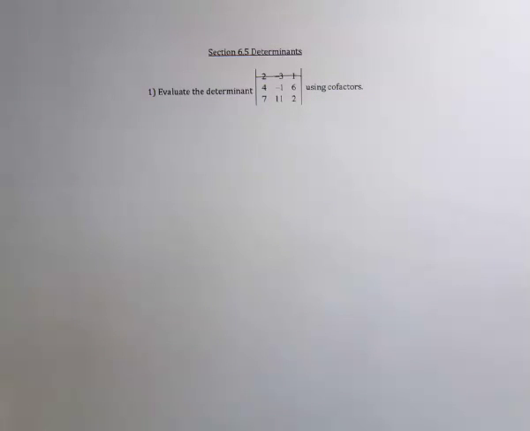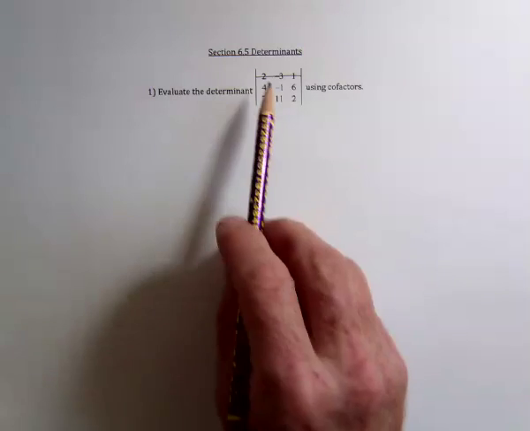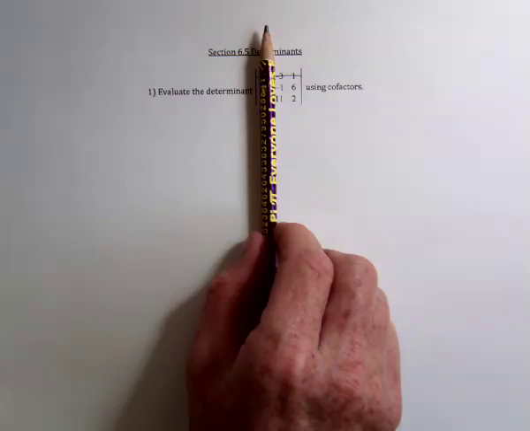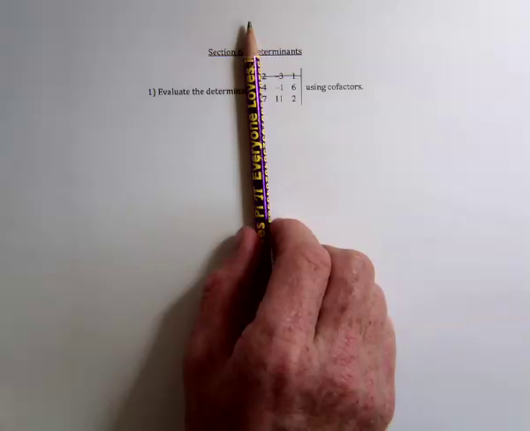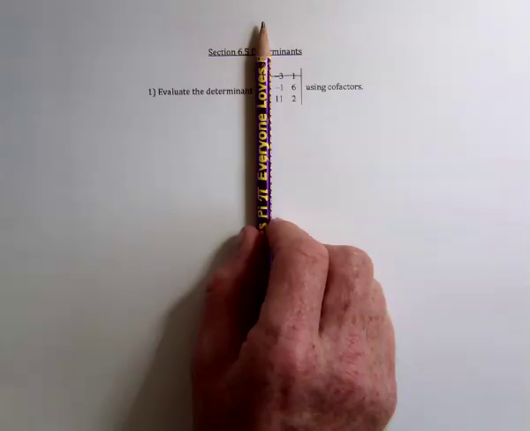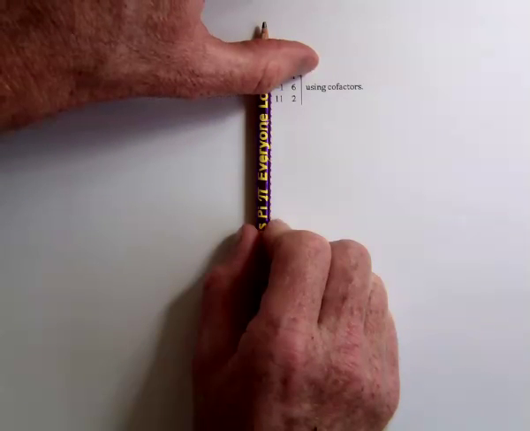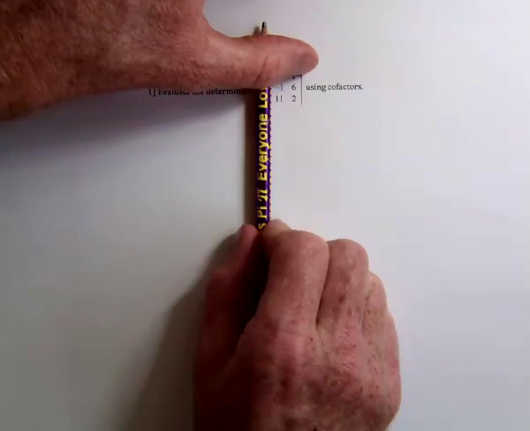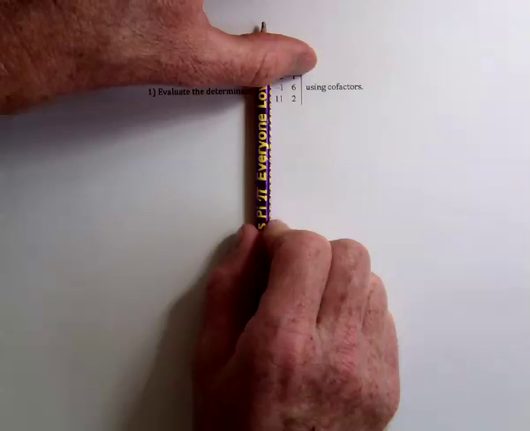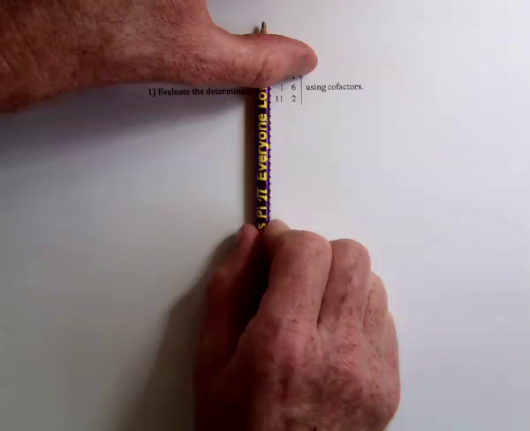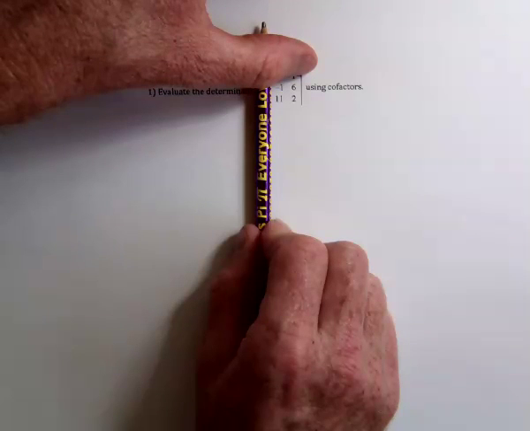And either literally or in your mind, cross out that row, and then one at a time we need to cross out each element in the row. So next I would cross out the 2, and once I have the top row and the 2 crossed out, what's left is a tiny 2 by 2 determinant, and we use that to get the cofactors.